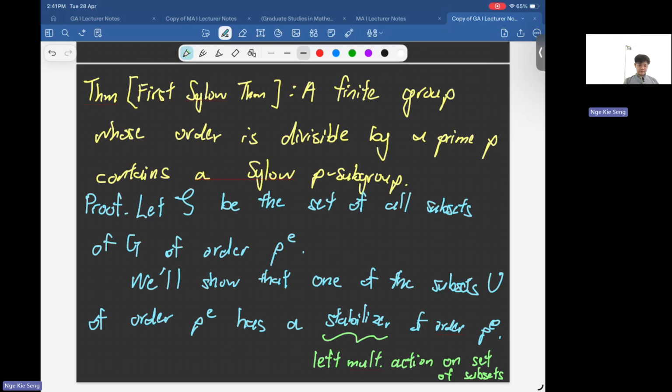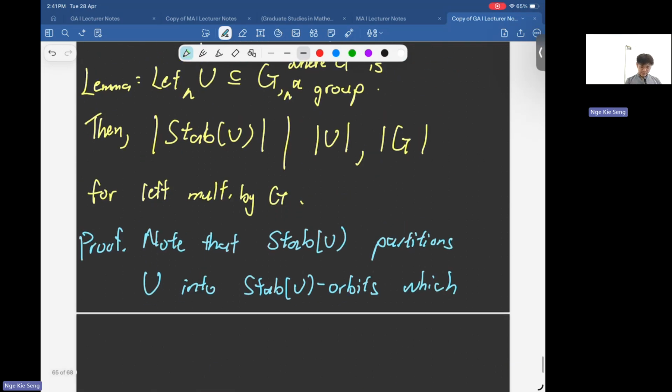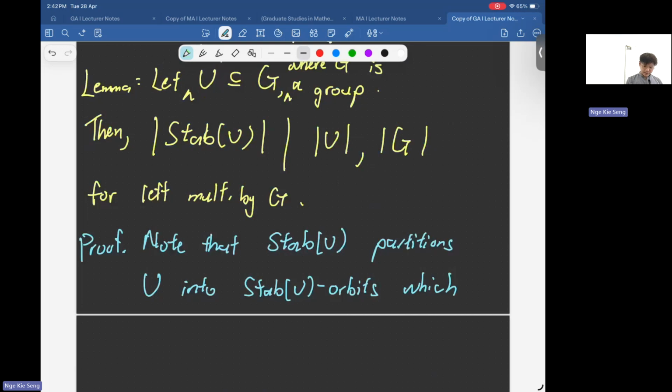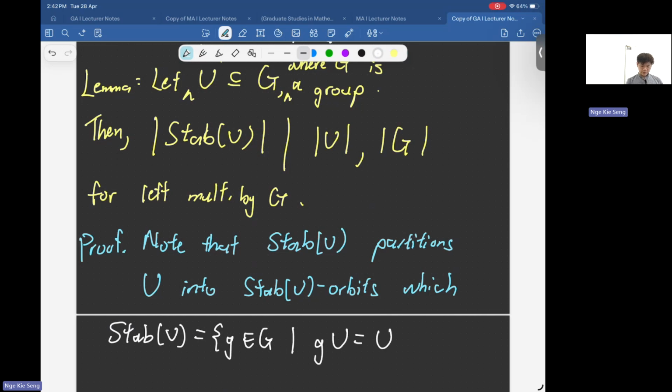Then this one makes more sense already. So let's write down the definition of the stabilizer. Stab(U) should be the g in G such that gU equals U.